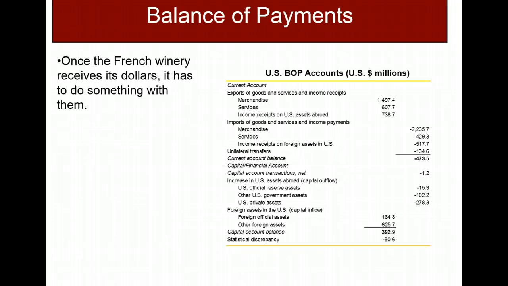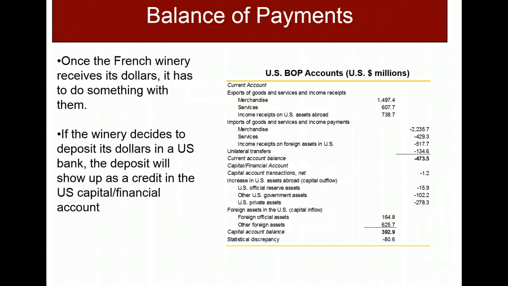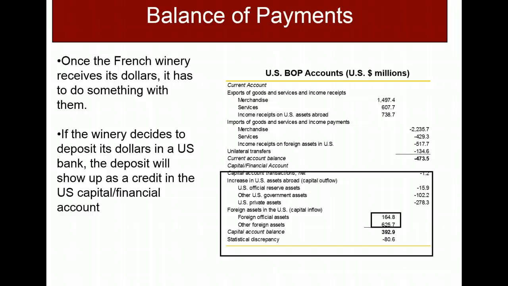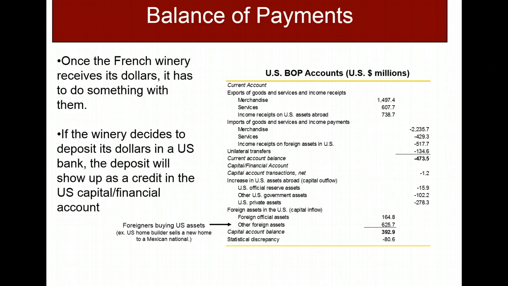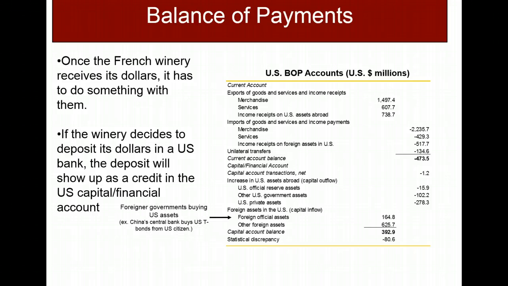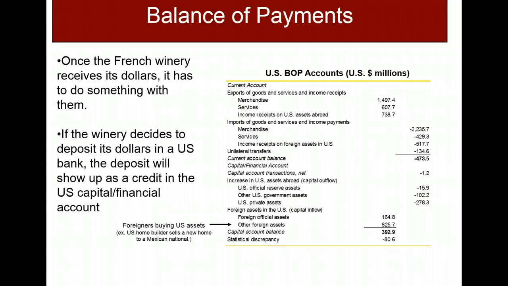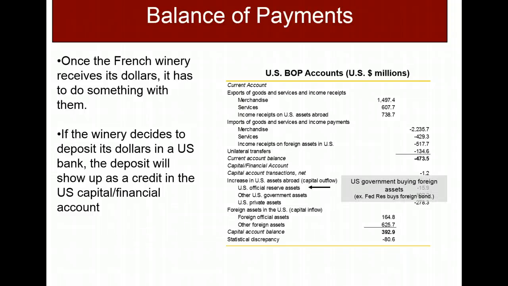Once the French winery receives the dollars for the product sold to the Americans, it has to do something with those dollars. If the winery decides to deposit its U.S. dollars in a bank, then that deposit will show up in the capital account. That entry right here is foreigners buying U.S. assets, and here is foreign governments buying U.S. assets, and this is non-government foreigners buying U.S. assets.